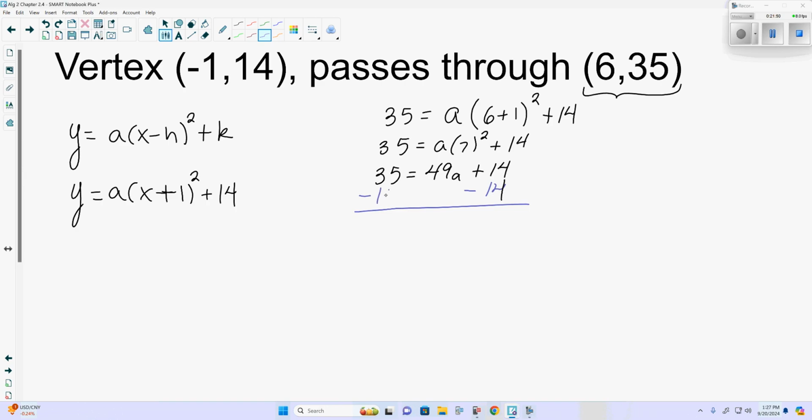We need to subtract 14 from both sides, because that will give 49a by itself, because those would cancel. 35 minus 14 is 21. And last but not least, we would divide both sides by 49, telling us a is 3/7.